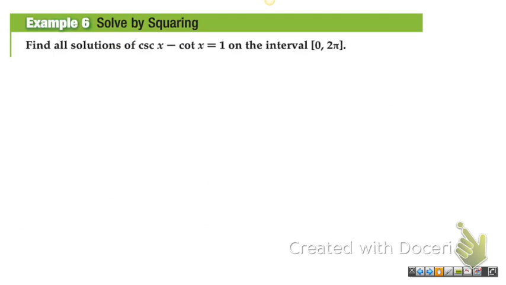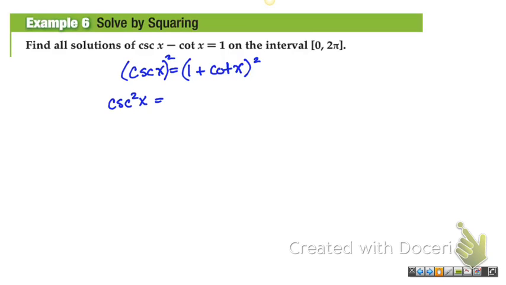Okay, so similar type problem. We're going to make a substitution for one of these guys, cosecant or cotangent. Let's move one of these guys over. So we'll call this cosecant x equals 1 plus cotangent x. And we will square both sides.